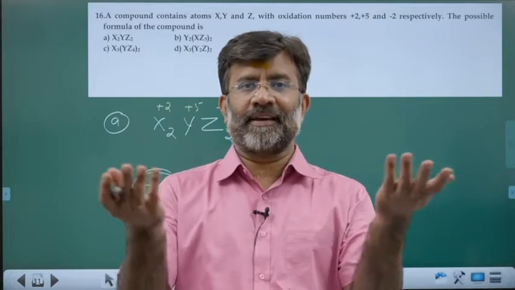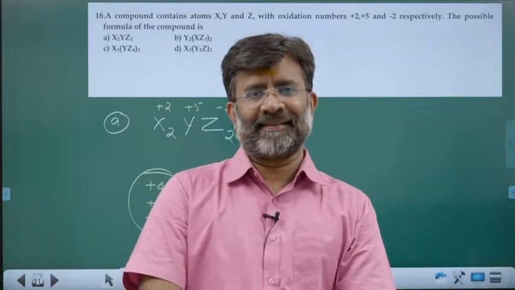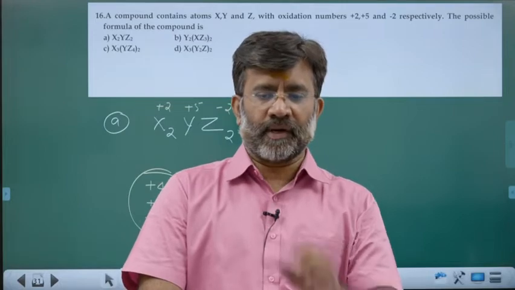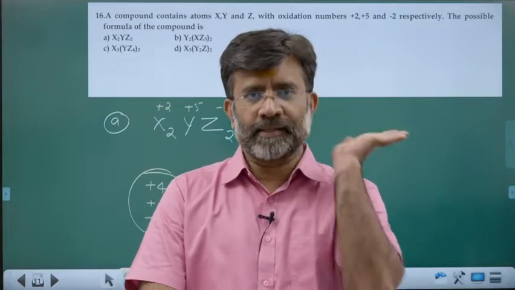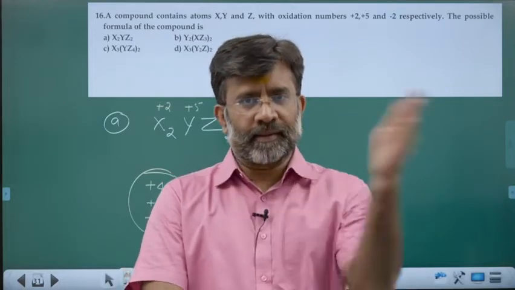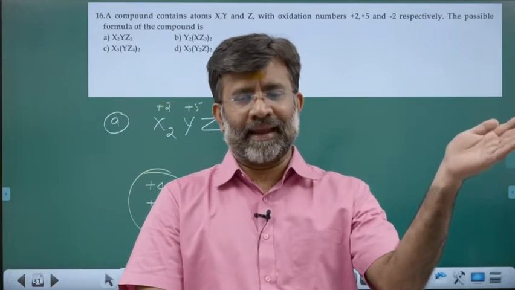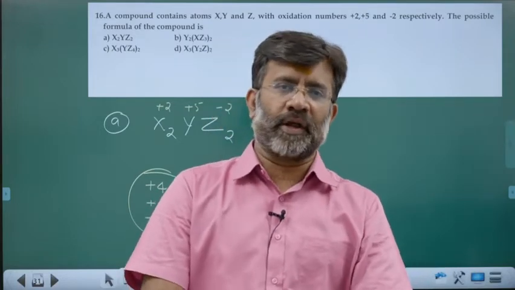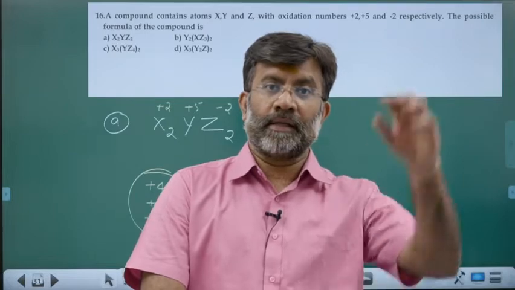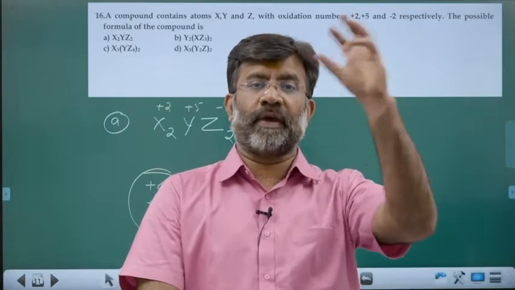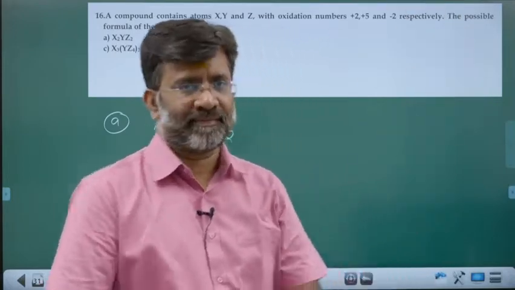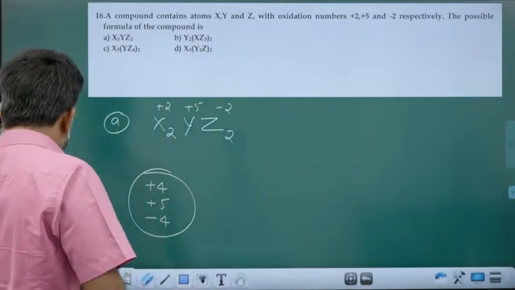No. Therefore, that is not the answer. Wherever you get a 0, that is the answer. When you add the oxidation states, the total must be 0 for a neutral molecule, or the charge of the species in case of an anion or cation. So which one will be the correct answer?